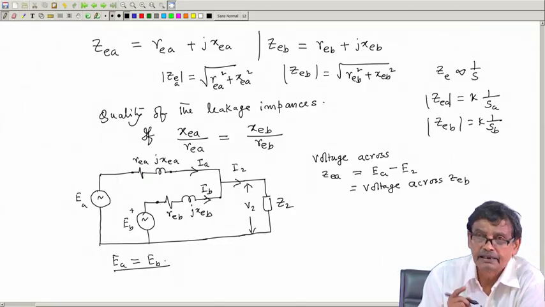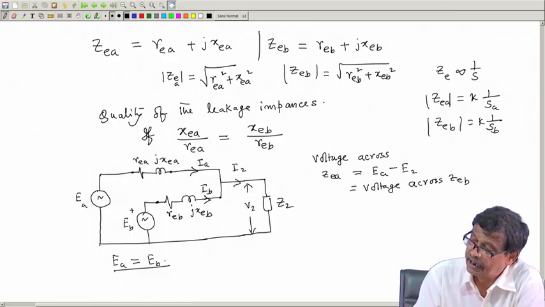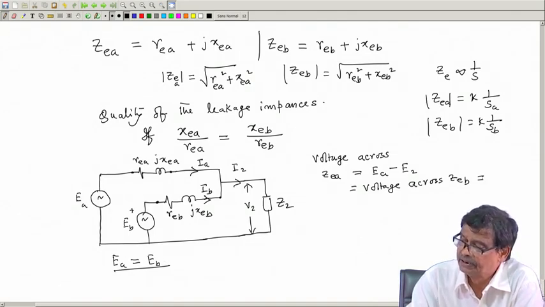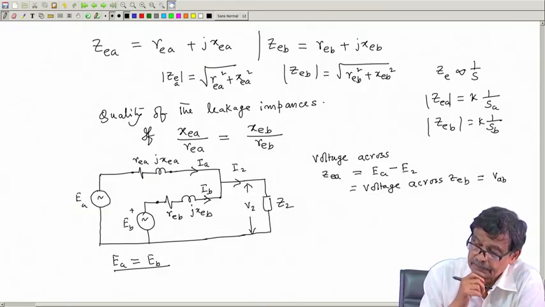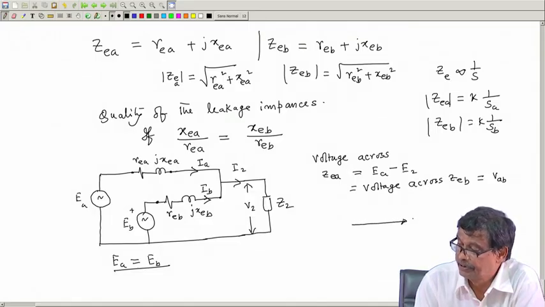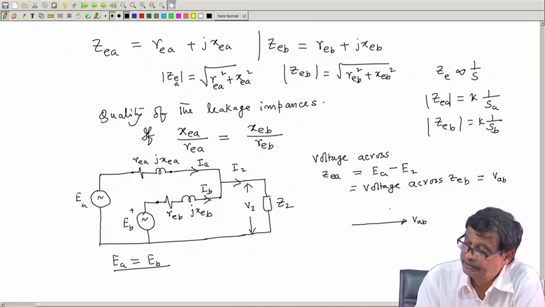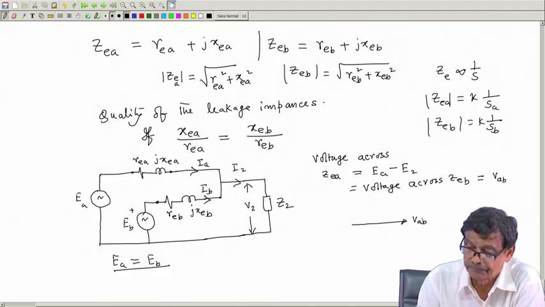So, suppose the voltage across JDA and JDB is the same, let that voltage be denoted by VAB. I draw that first. Suppose this is the voltage across this and across this, that I have drawn.